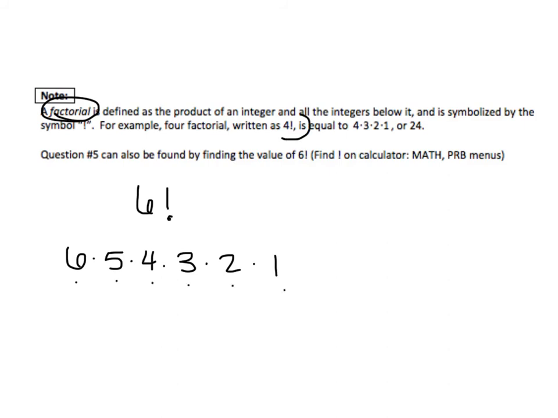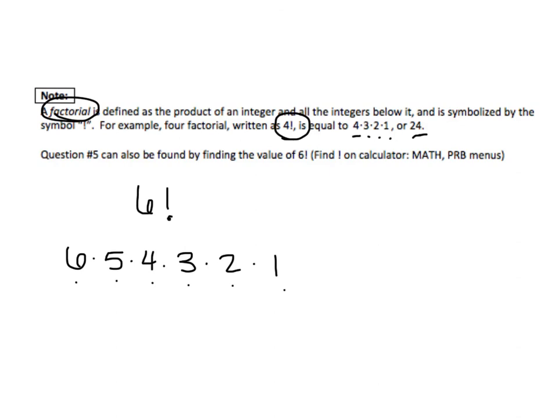In the example, it also has another one. 4 factorial is equal to 4 times 3 times 2 times 1, and that's going to equal 24 when you multiply them together. You can also do this in your calculator. If you put in 6 and then hit the math button, just where you do the fractions, but instead of hitting a fraction, you're going to scroll over to the right to probability, PRB, and then option 4 is going to be an exclamation point.